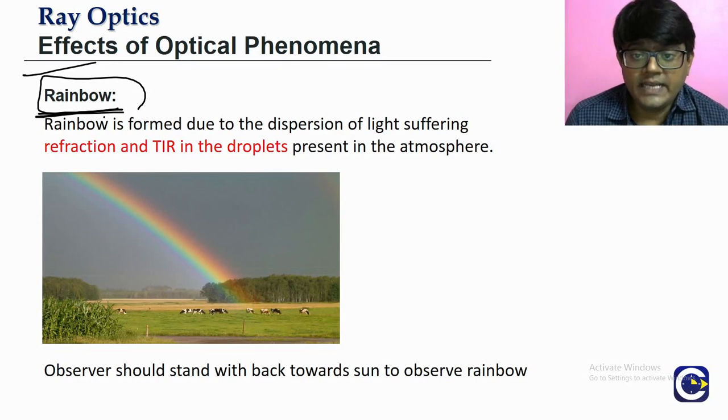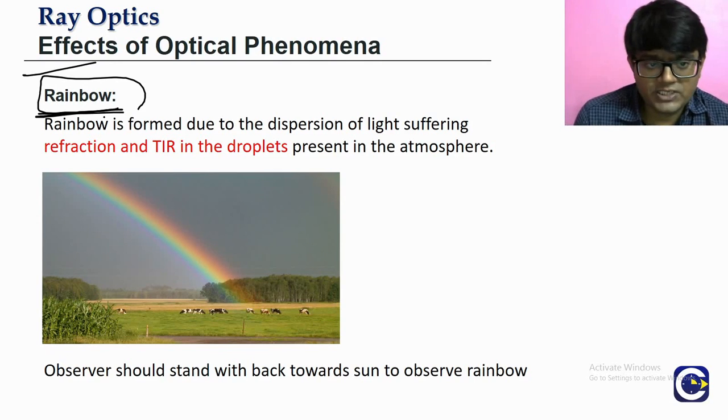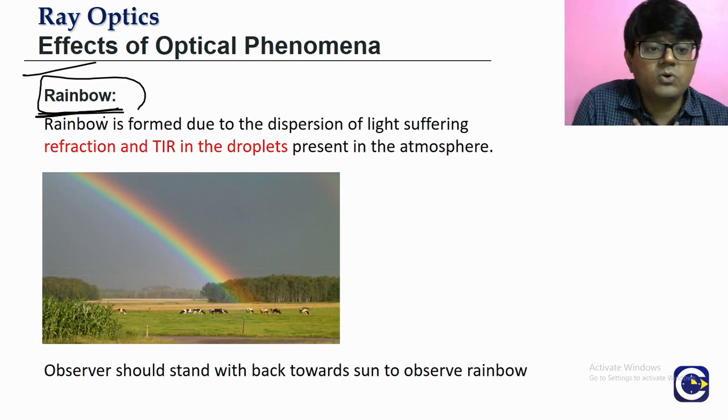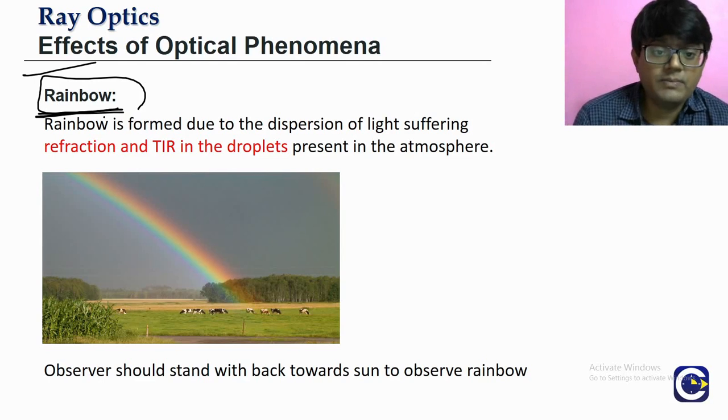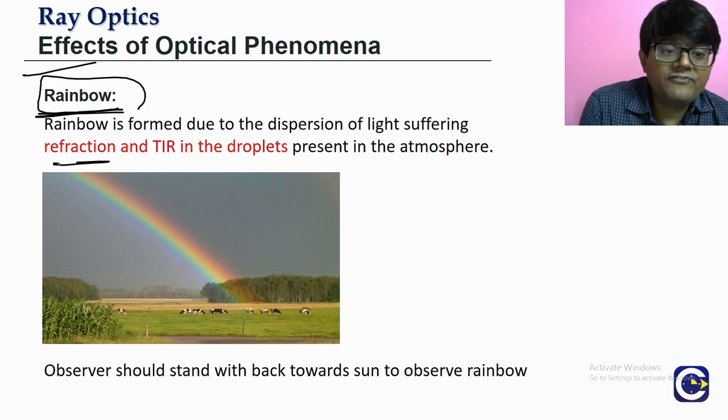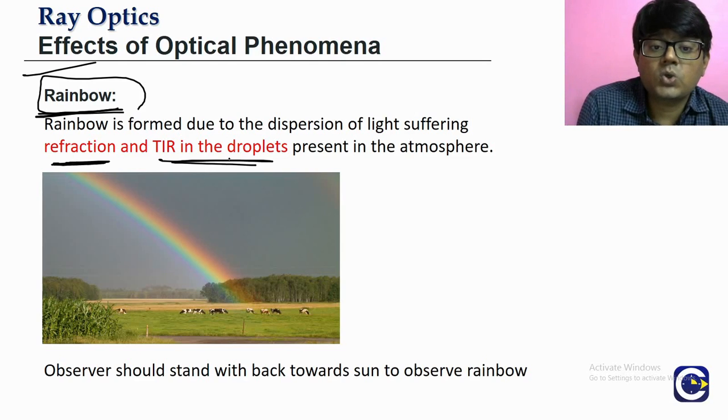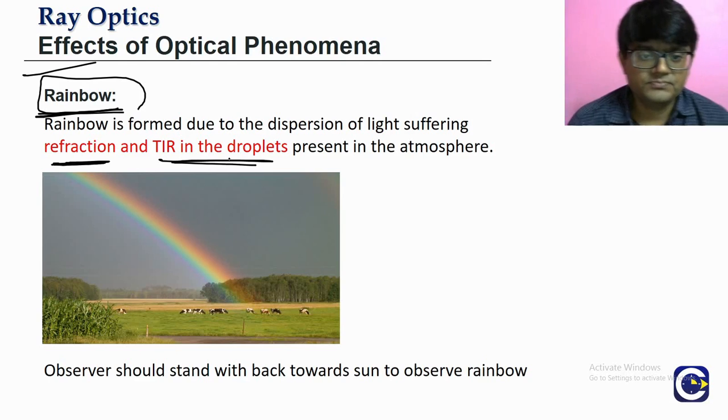Now the other optical phenomenon which a lot of us see whenever there is rain is the rainbow formation. So what is the rainbow formation? It's something that we are able to observe because of a mixed phenomenon, where the light undergoes refraction as well as total internal reflection.